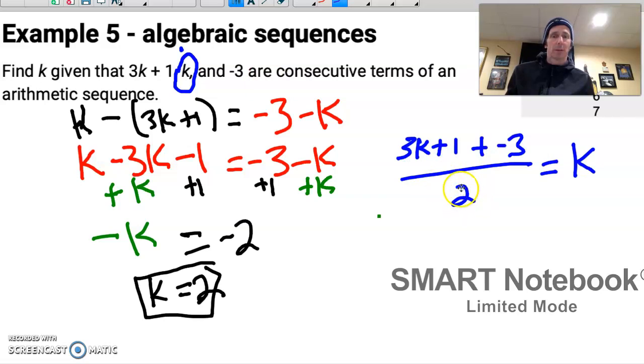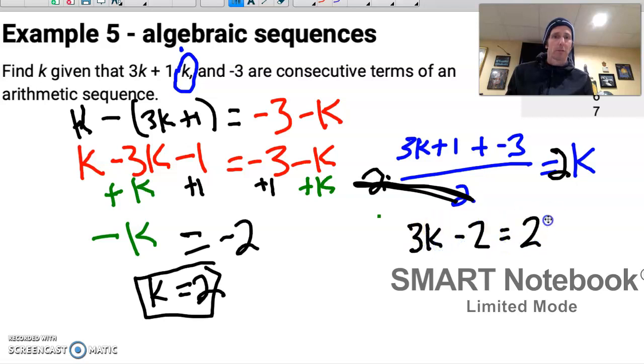So again, I'm going to multiply this 2 over. I don't like having a denominator, so I'm going to come over here and multiply 2 by both sides. Those cross out. Here I have 3k plus 1 plus negative 3, so that would become 3k minus 2 equals 2k.